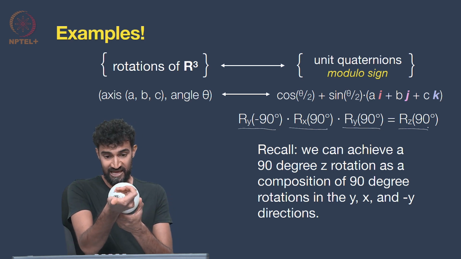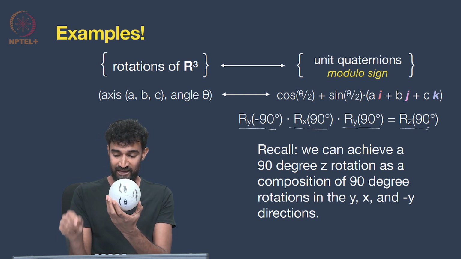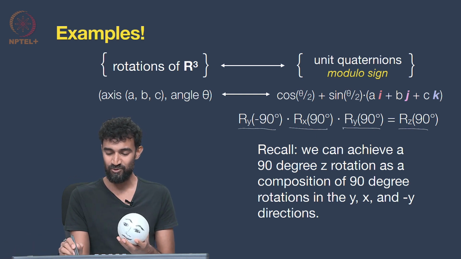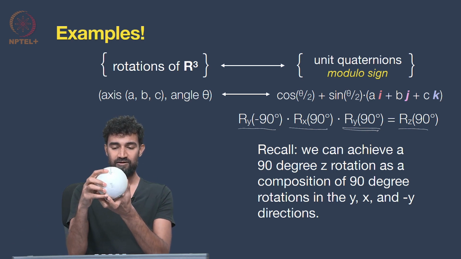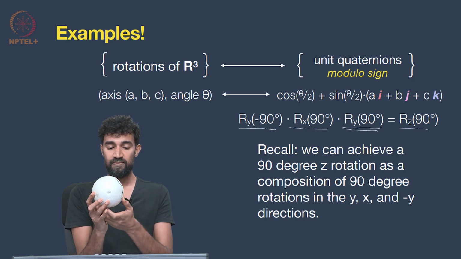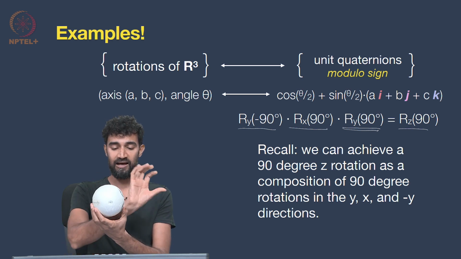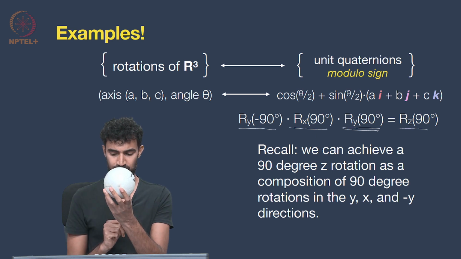A 90-degree y rotation is the first thing that we do, followed by a 90-degree x rotation, followed by a negative 90-degree y rotation. So we get here.